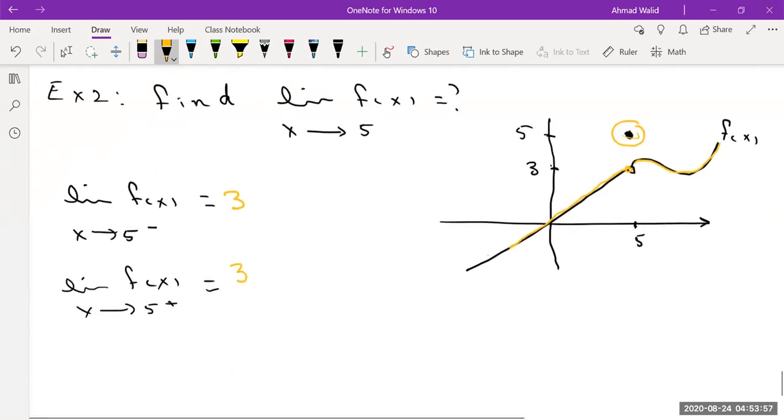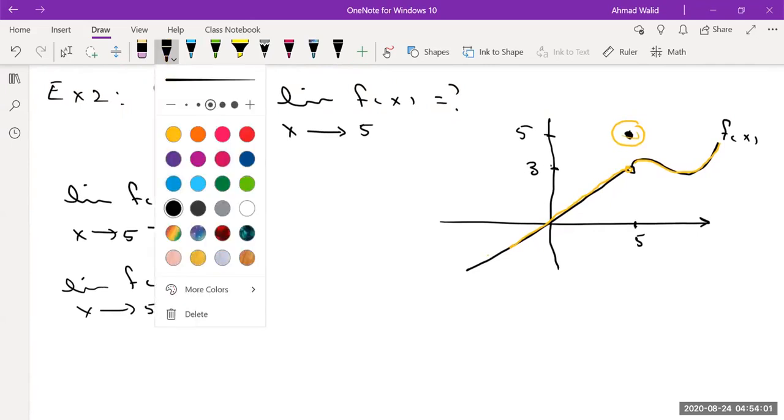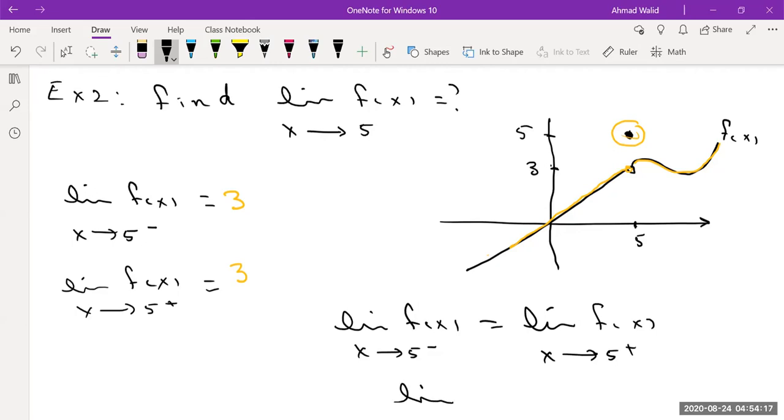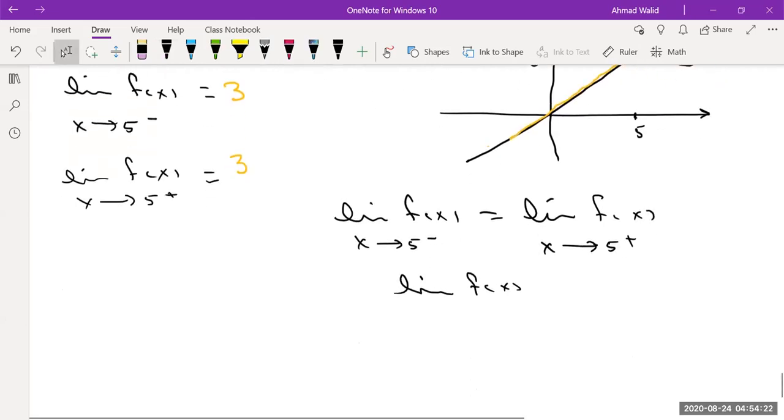Now, what will be the answer for the question? Then you can say, because the limit of f of x as x approaching to 5 from the left equals the limit of f of x as x approaching to 5 from the right, then the limit of f of x as x approaching to 5 equals how much?